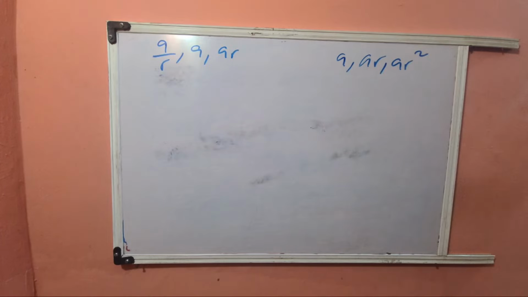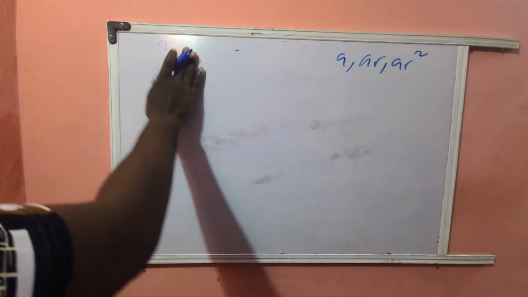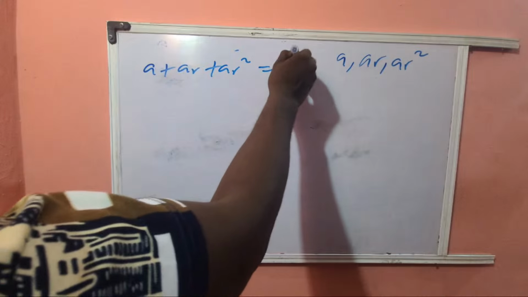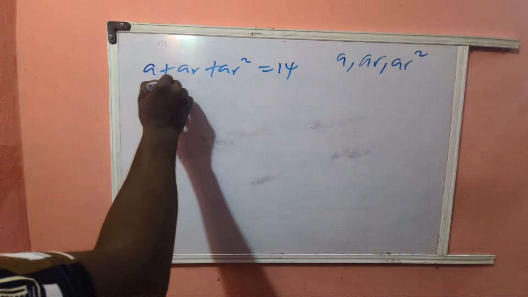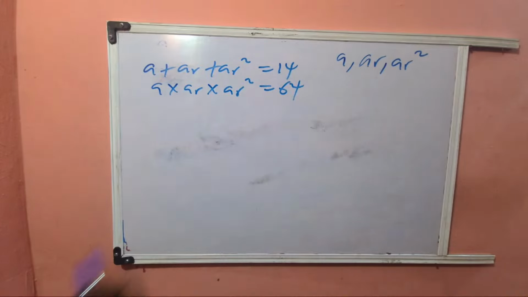Now we're told that the sum of these three terms is 14. So we're told that a plus ar plus ar squared equals 14. And we're also told that their product is 64. That means a times ar times ar squared equals 64.